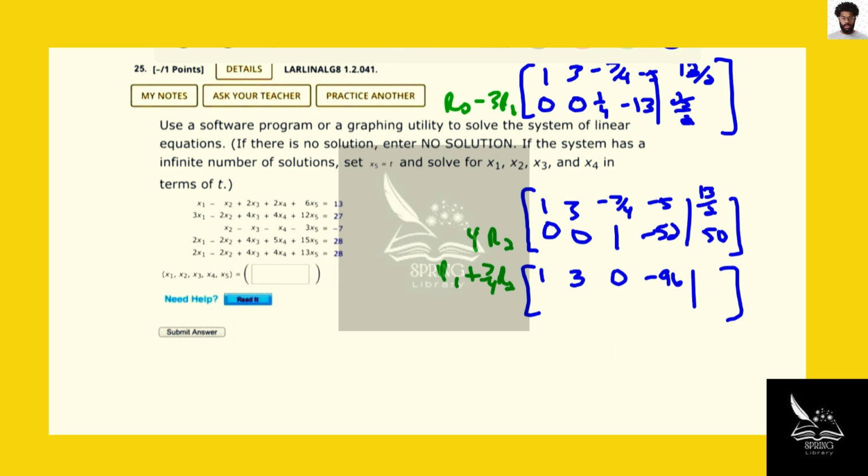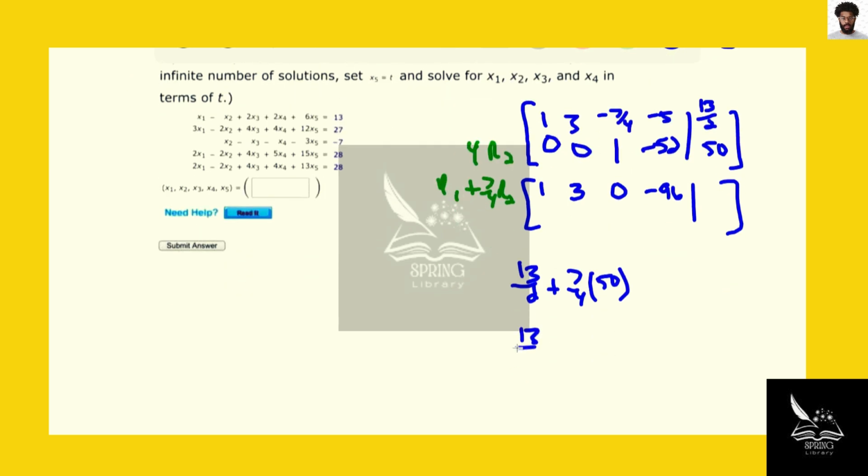And then the last one would be 13/2 plus 7/4 of 50. 7 times 50 is 350, over 4 is 87.5, or 175 halves, plus 13 halves is 188 halves, which is 94.